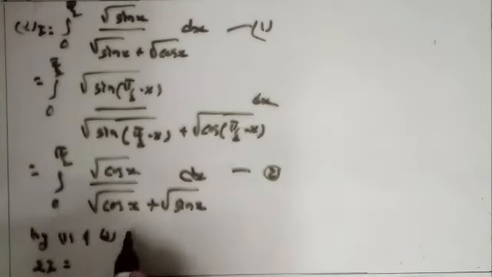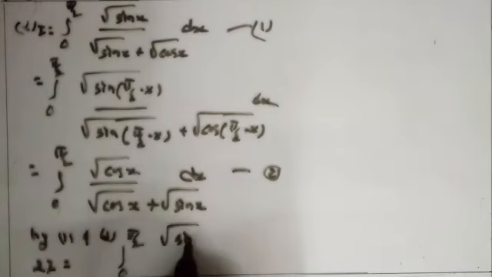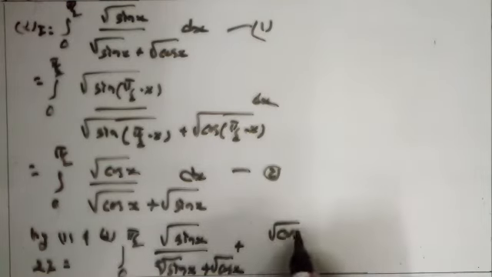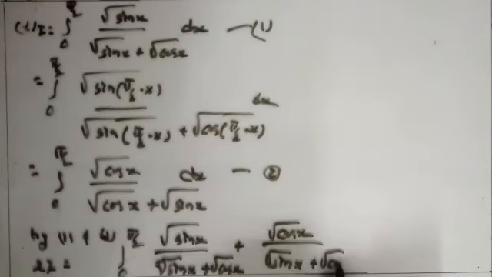So 0 to pi by 2, take outside, we get root of sin x upon root of sin x plus cos x, plus root of cos x upon root of sin x plus cos x. Clear?